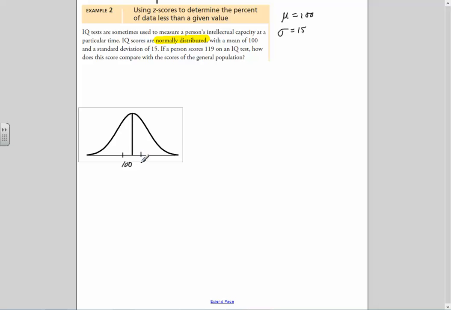If the standard deviation is 15, then we will be looking at IQ scores of 115 here, down to 85, and we'll continue to 2 standard deviations, IQ 130, 3 standard deviations, 145, 2 below, another 15 points below, 70, and then down to 55.